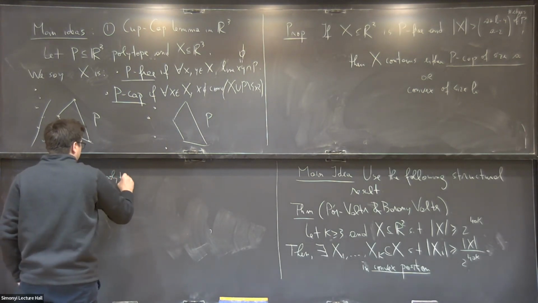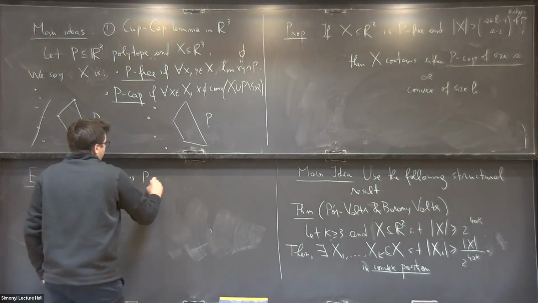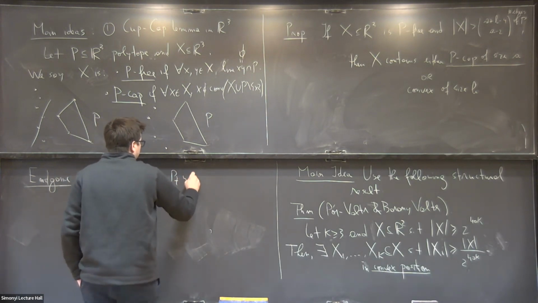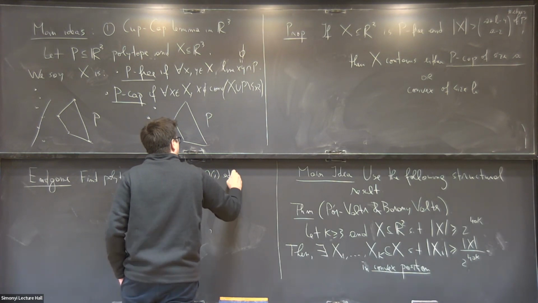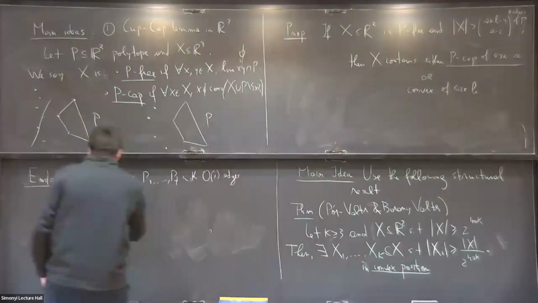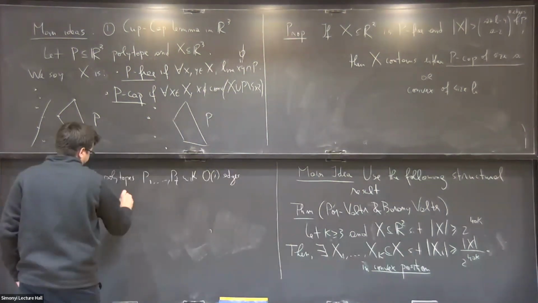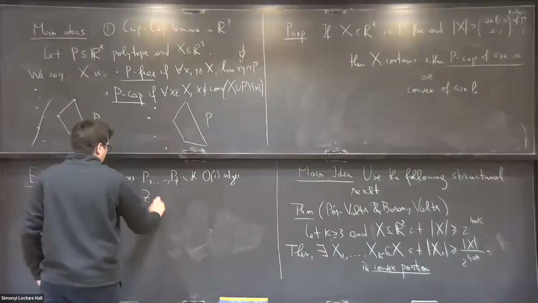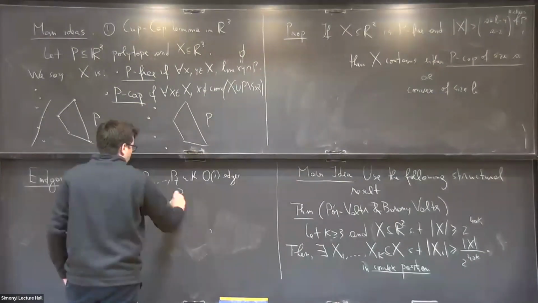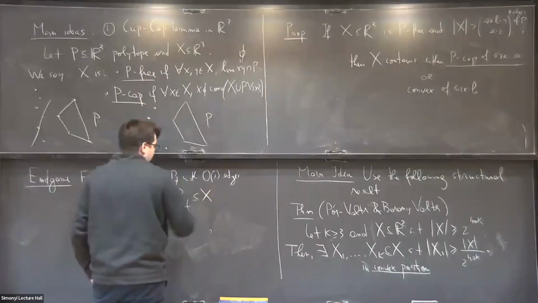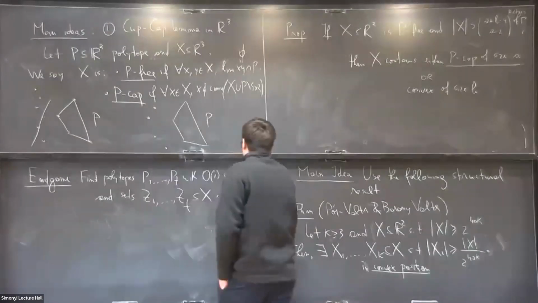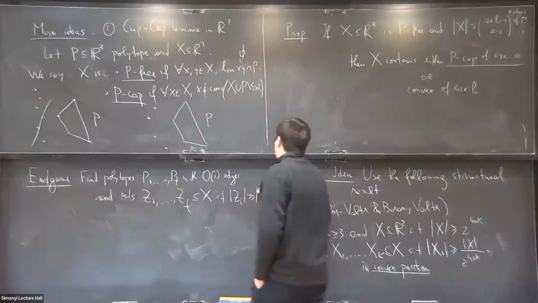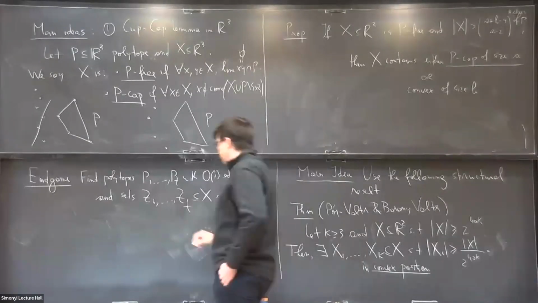So a list of polytopes, P1 to Pt, with a constant number of edges, and large sets, subsets of my set X, say polynomially large, satisfying two conditions.